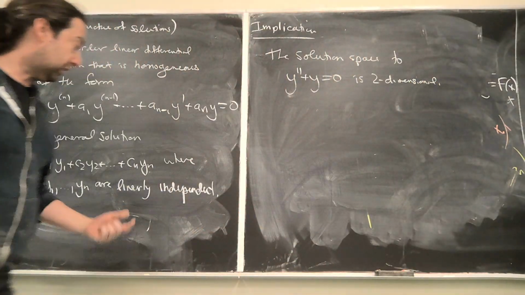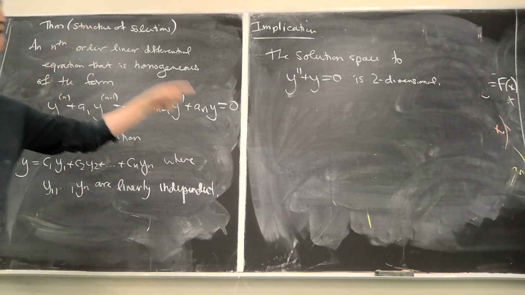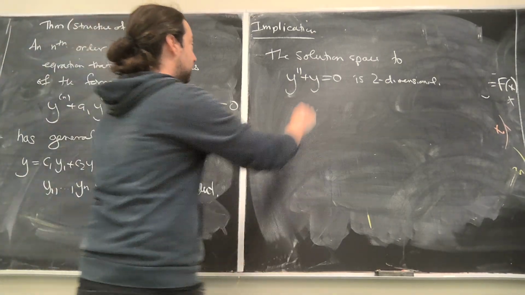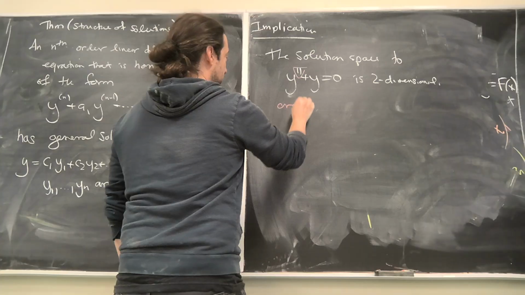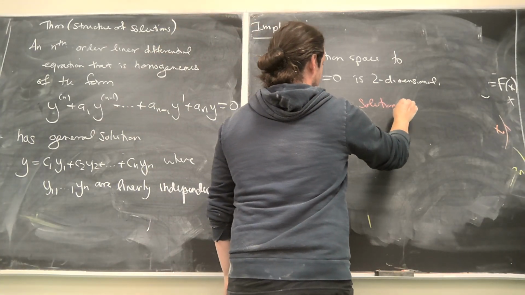The number of linearly independent vectors that I need to describe the solutions is equal to the order of the differential equation. It's order 2, so the solution space is 2-dimensional.